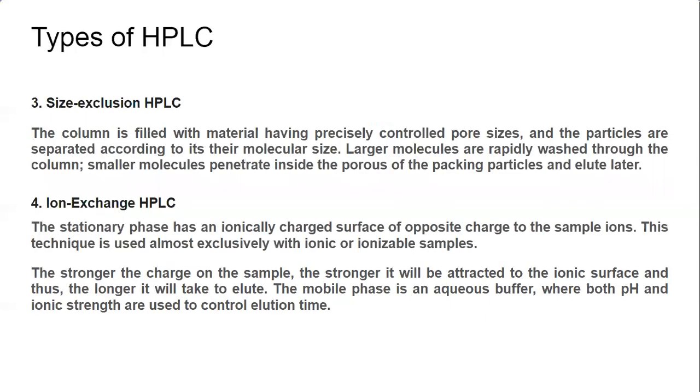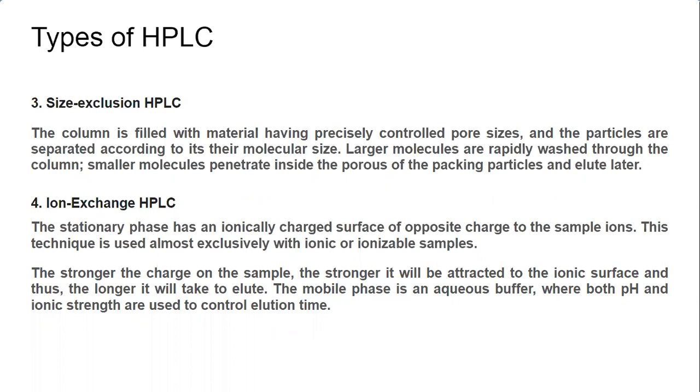Next, third one, size exclusion HPLC. The column is filled with material having precisely controlled pore size. So here, in previous cases we have taken the stationary phase made of silica, but we know that silica is an amorphous, finely divided solid.